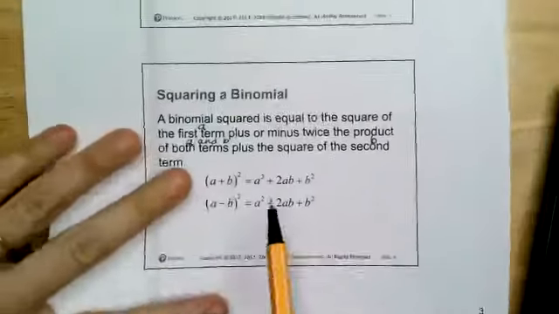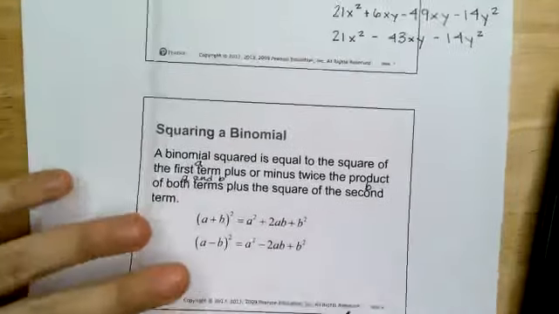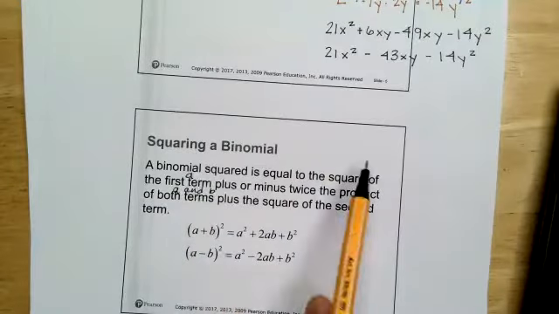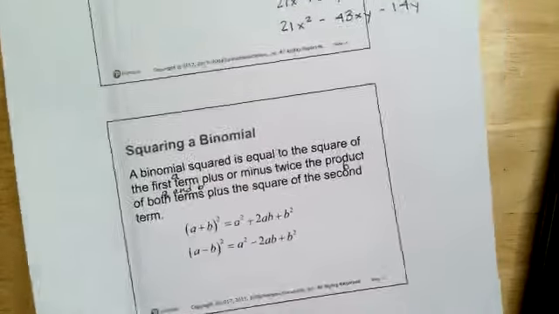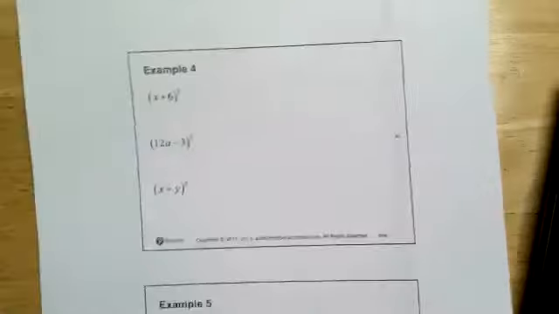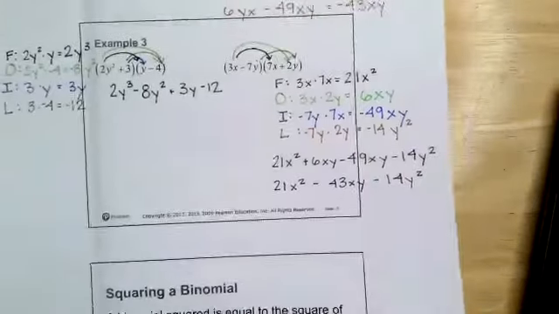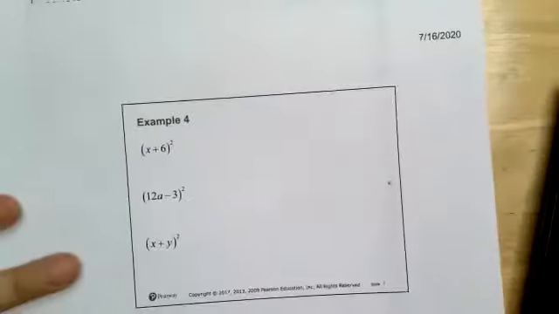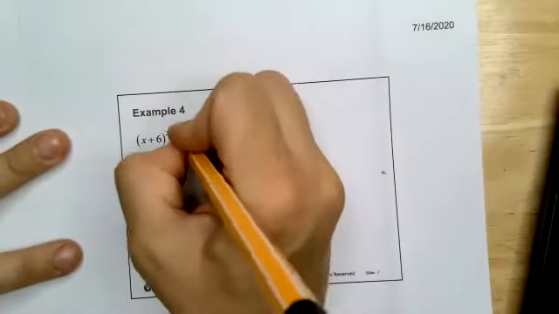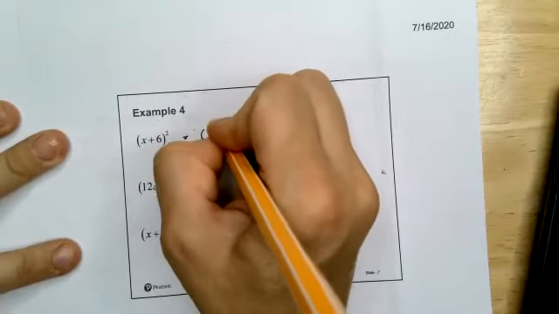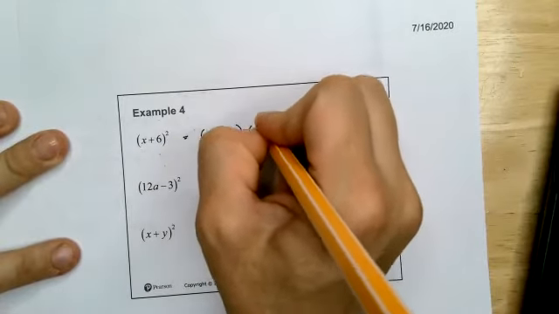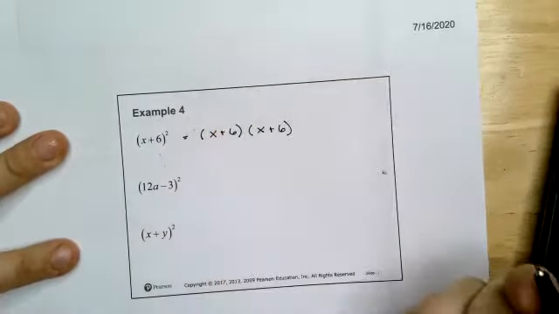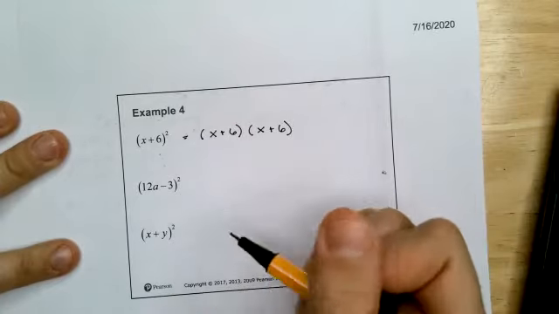As long as you understand FOIL, you can get from here to there without the rule. All right, what's important is to know that you are squaring the whole binomial. So x plus 6 squared must become x plus 6 times x plus 6. It cannot be x squared plus 6 squared.